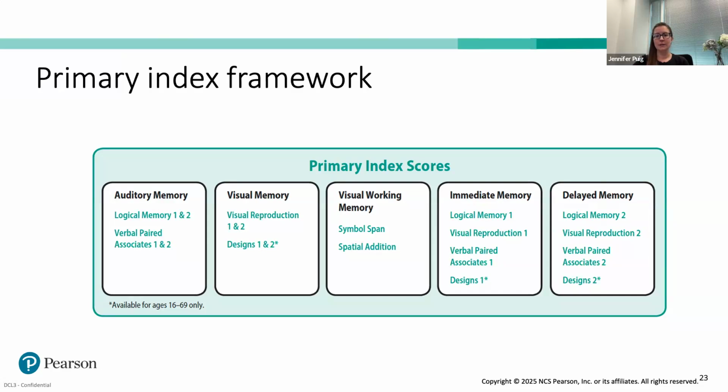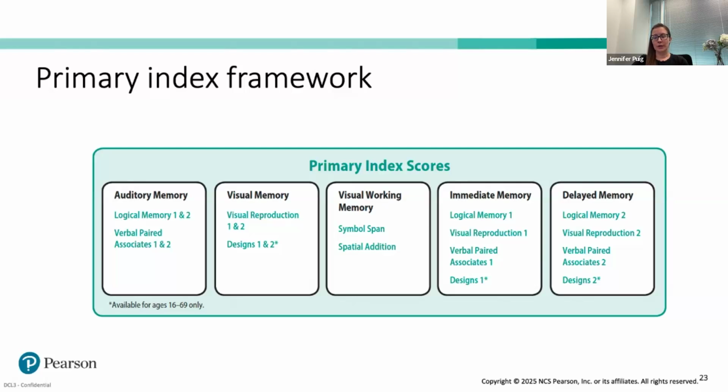The visual memory index has different compositions based on the examinee's age. For examinees ages 16 to 69 years old, the index is composed of the visual reproduction 1 and 2 and designs 1 and 2 scores. For examinees ages 70 to 90 years old, the index is composed of the visual reproduction 1 and 2 scores.